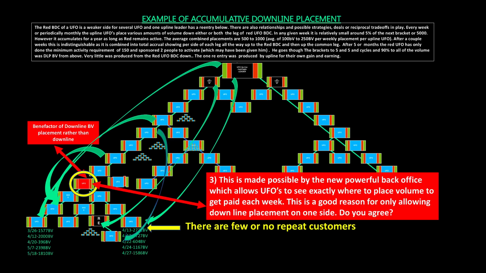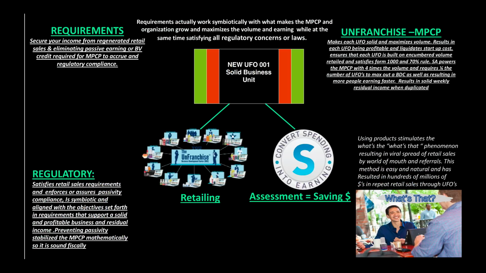So when it all comes together, and Kevin did a great job of going over this at convention, so I'm not going to harp on it, everything works together for a perfect result, for a lasting result. And when it's done right, it's the fastest result to earn a residual income, but it's also the lasting result.